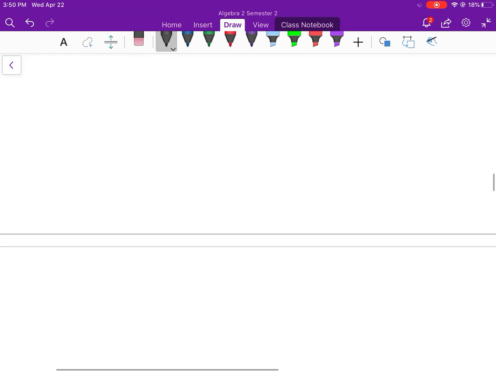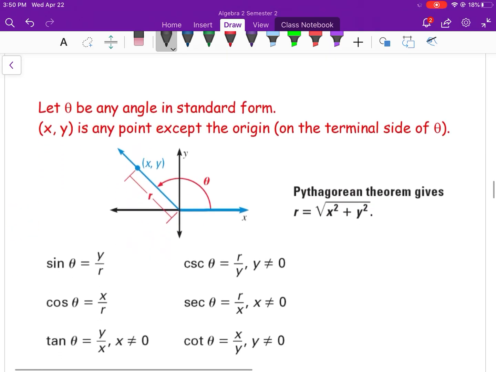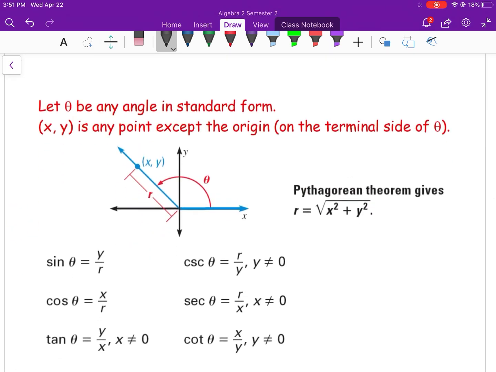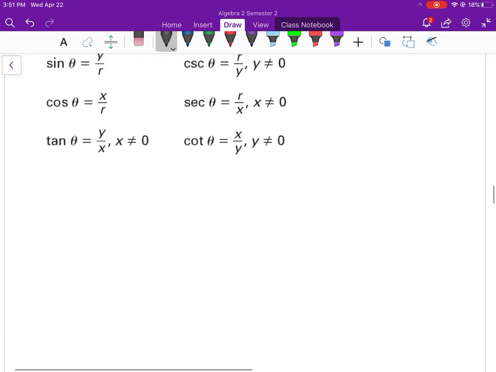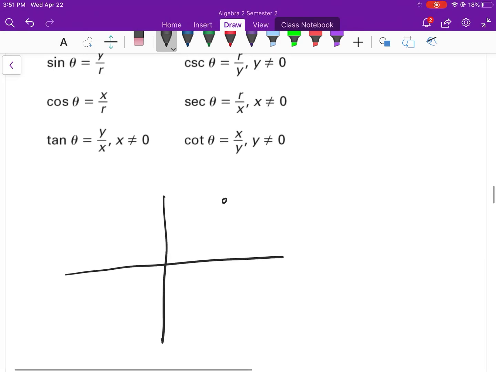That will help us later when we evaluate trig functions. Now, we are going to evaluate with a terminal side through a specific point. Let's say we had a point x, y, and a terminal side that goes through that point.